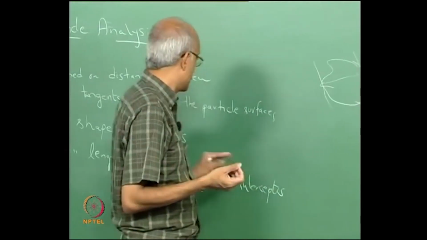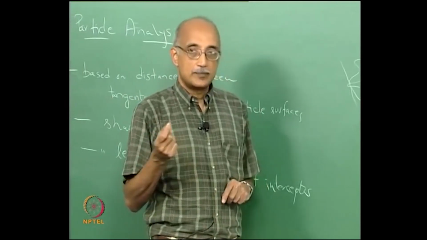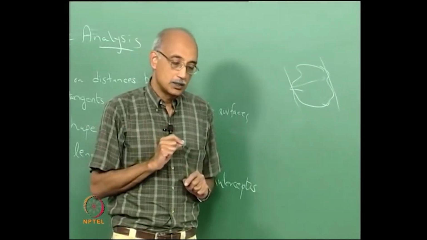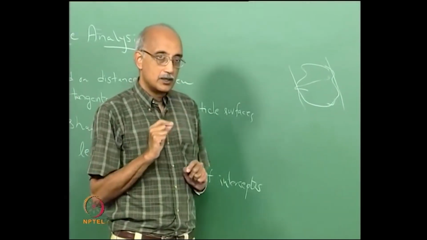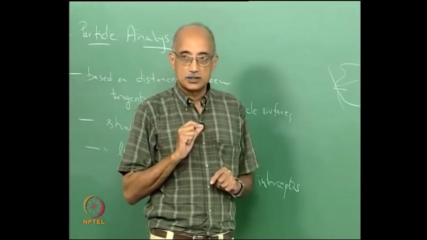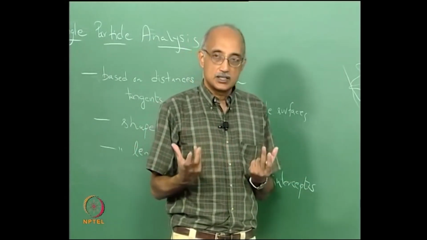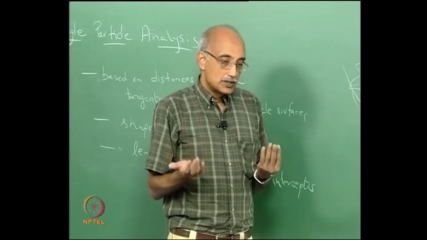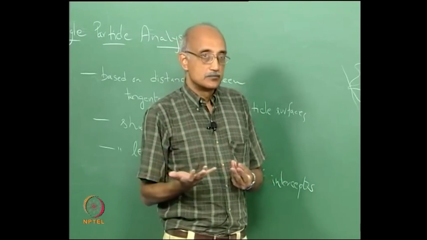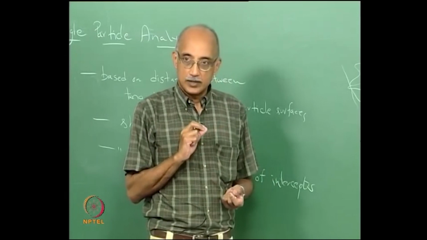So in order to do shape comparisons, you need to define these shape comparators. And here again, several investigators have done a lot of work to come up with very quantitative indices for many of these normal shape comparisons that we do. Sphericity is probably the most common example. When you talk about sphericity, it's a good comparative measure between two particles. Is one particle more spherical than the other? But you can only do that if you can define sphericity in a very quantitative fashion.